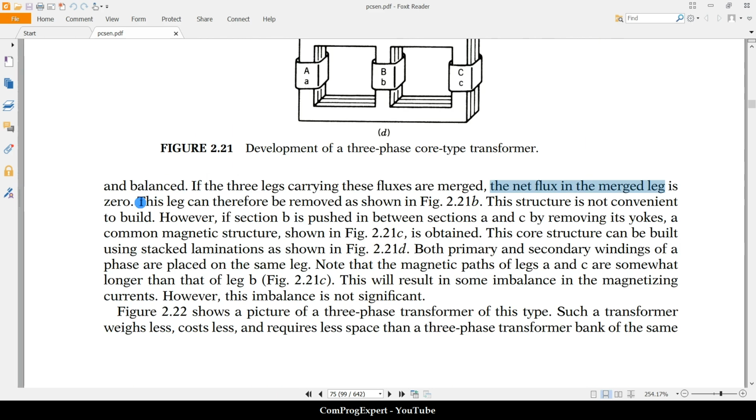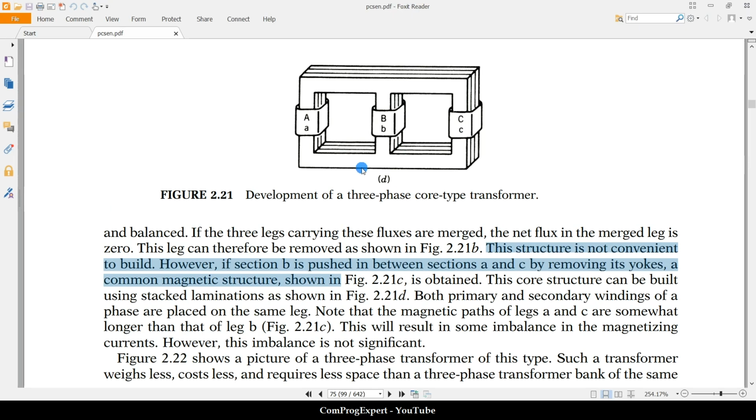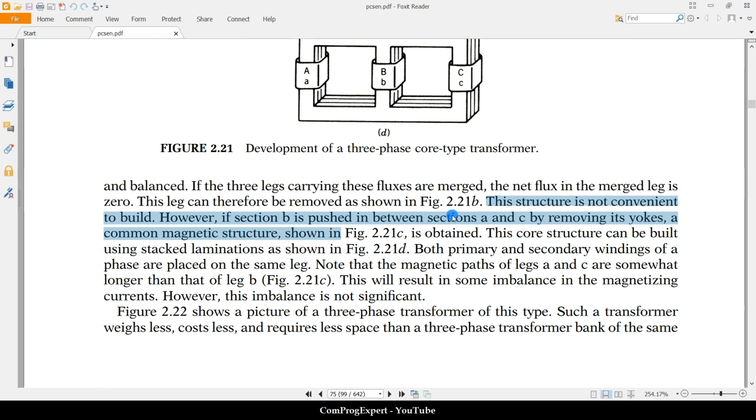This leg can therefore be removed as shown in figure 21b. This structure is not convenient to build. However, if section B is pushed in between sections A and C by removing its hooks, a common magnetic structure shown in this figure is obtained.